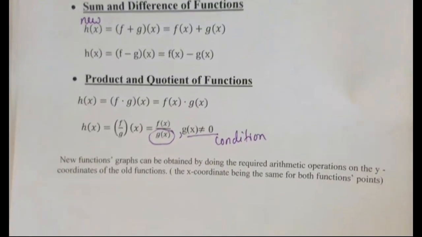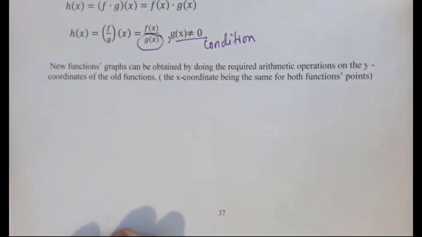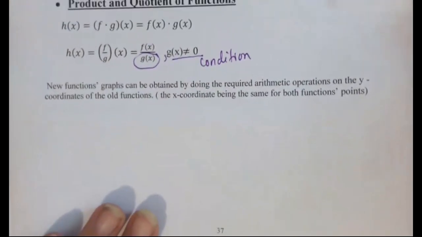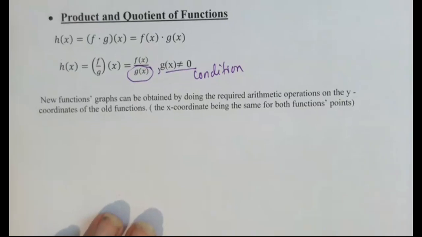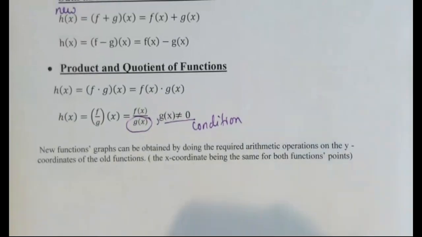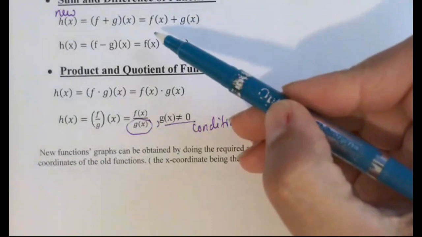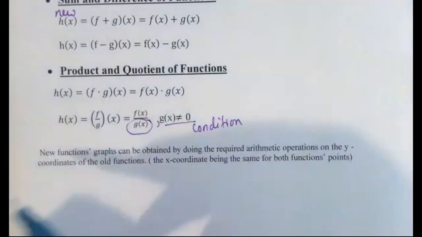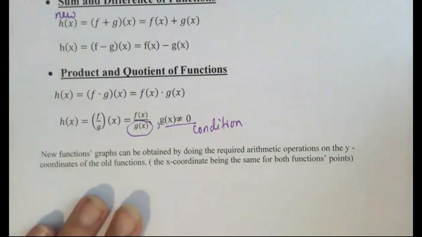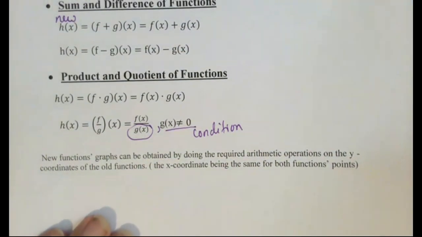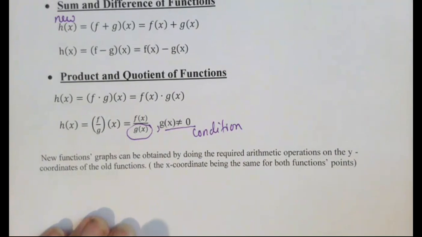Now, graphically, when we have to obtain our new functions, the easiest way to get to the new graphs is by remembering that these notations, the f of x and the g of x, refer to the y coordinates or the y values of the functions if you know the x of the input. And you will know the input because you will be looking at graphs in some questions.